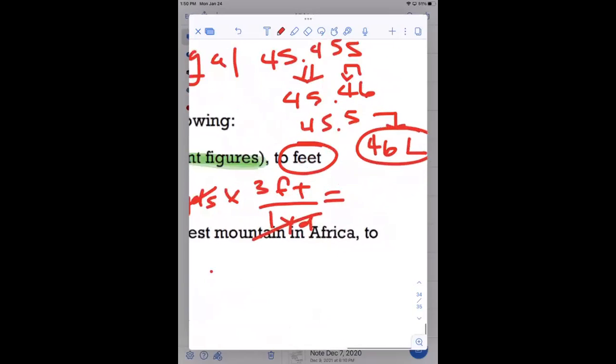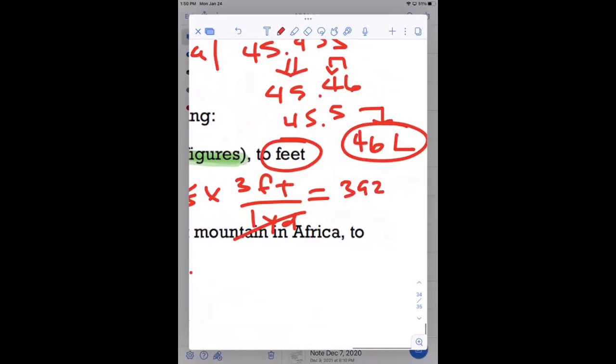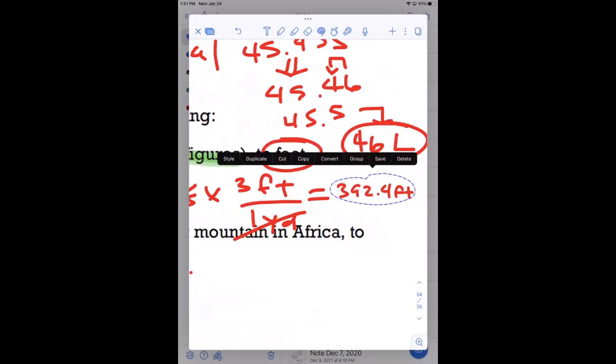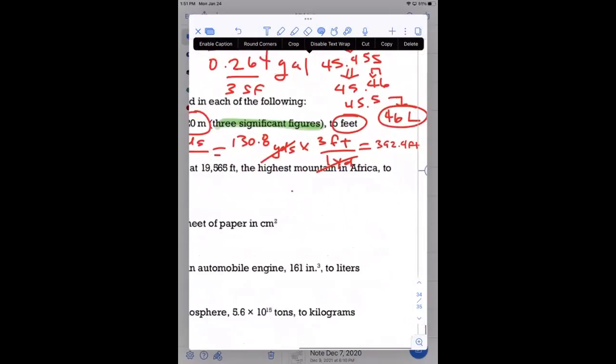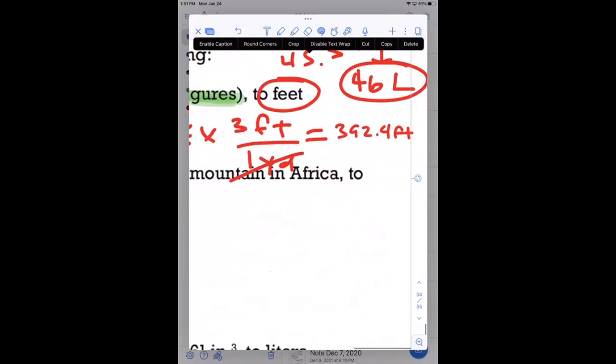392.4 feet. Now, 392.4 feet, but the question calls for us to report this in how many sig figs? You see it's highlighted, 3 sig figs. So how do I get that down to 3?